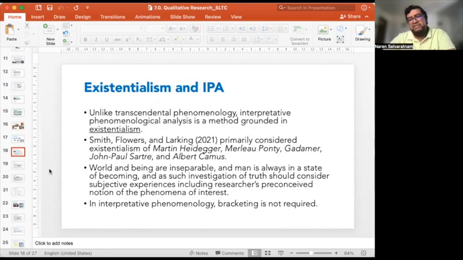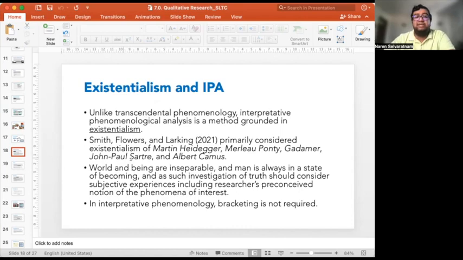So existentialism and IPA. Unlike transcendental phenomenology, interpretative phenomenological analysis is a method grounded in existentialism. Smith, Flowers, and Larkin have written a book in 2021. This is really excellent for you to understand more about existentialism and also interpretative phenomenological analysis.